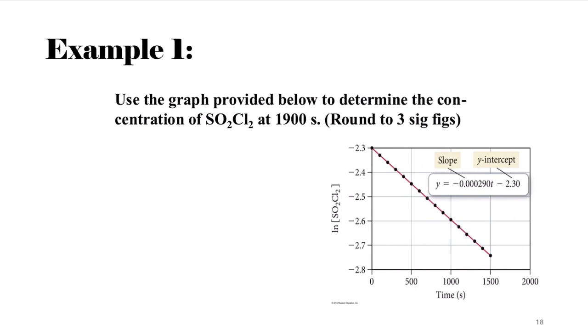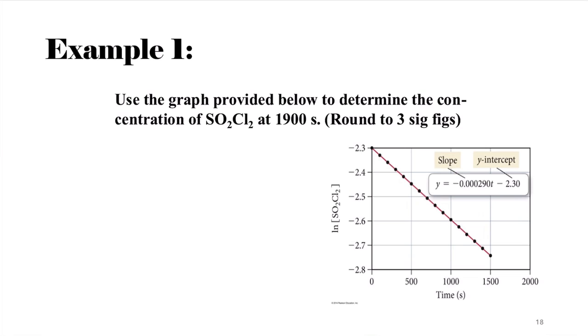Okay. So here, use the graph below to determine the concentration of SO2Cl2 at 1900 seconds. All you're given is the plot. I believe it's the same one from the previous one. So determine what the concentration is at 1900 seconds.